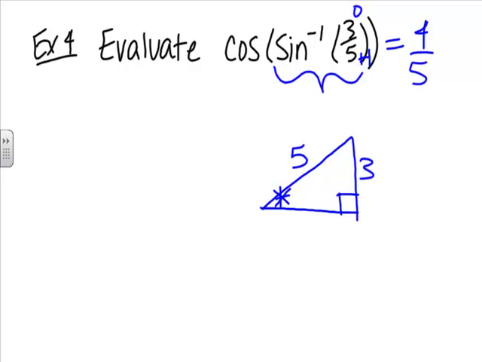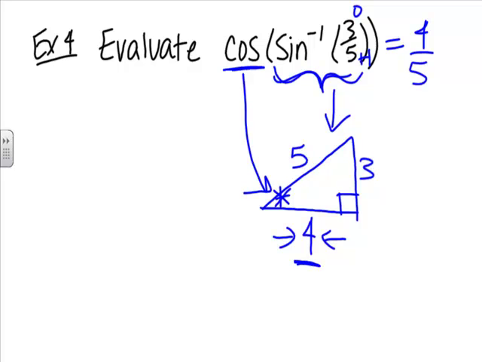Now if you remember your Pythagorean triples, then this has to be 4. So basically I can, from this information, create this beautiful triangle and then just take the cosine of this angle here. Well, the cosine of that angle is the adjacent, right here, over the hypotenuse, and that's why it's 4/5. Okay, there you have it.